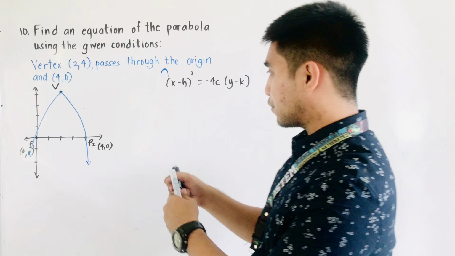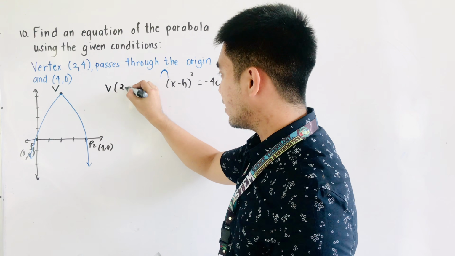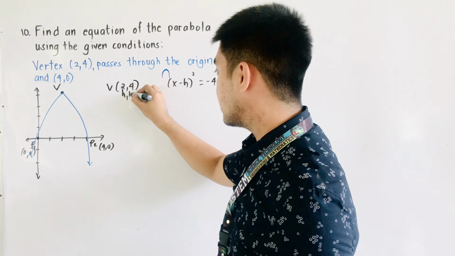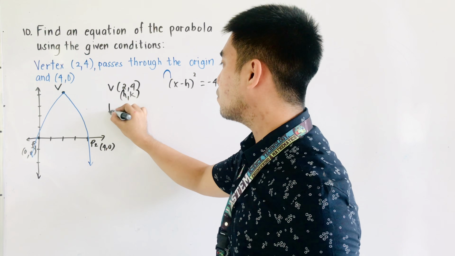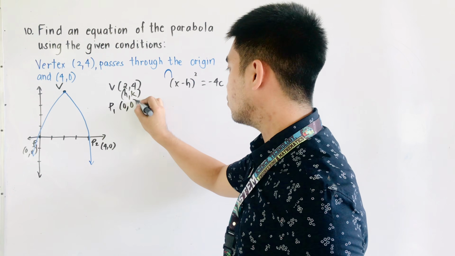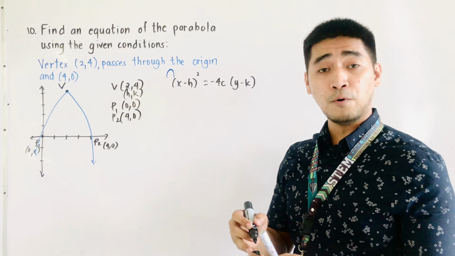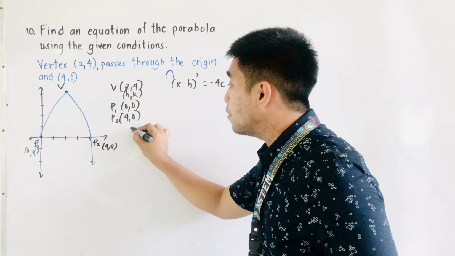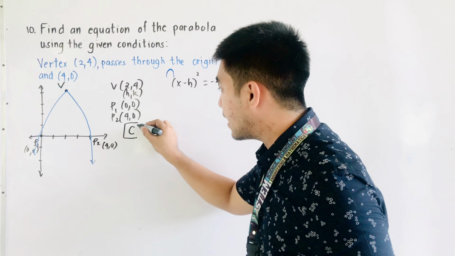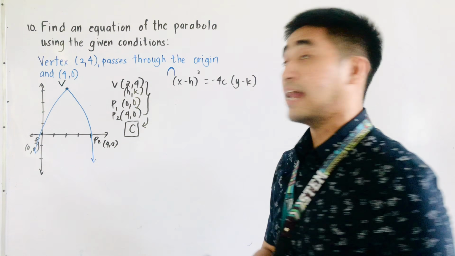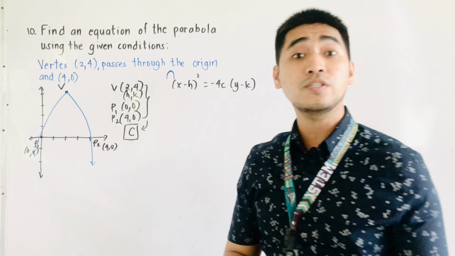So how do we solve for this one? We are given the vertex, (2, 4), so this is our h and k. And we are given 2 points: point 1 which is (0, 0) and point 2 which is (4, 0). We will use these points to know the value of c, by substitution.